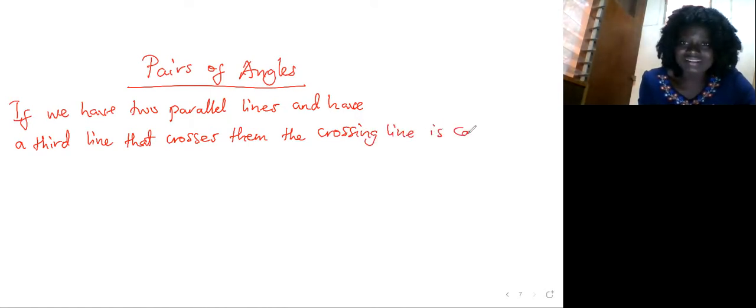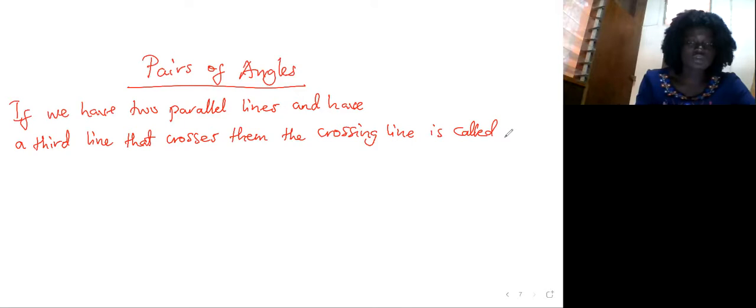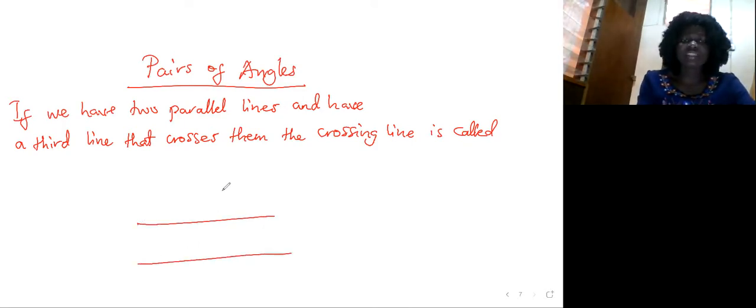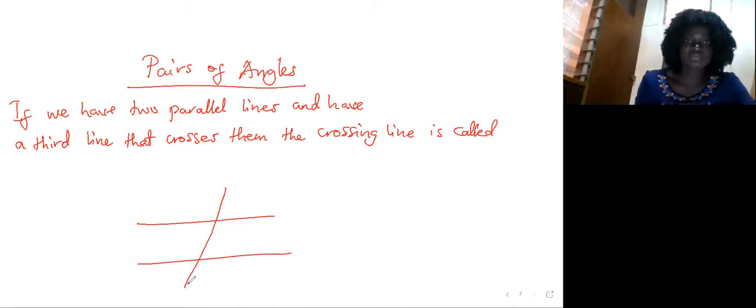If we have two parallel lines, okay, so we have two parallel lines like this. Then we have a third line crossing it. How do you call it? The crossing line is called a transversal. It's called a transversal.